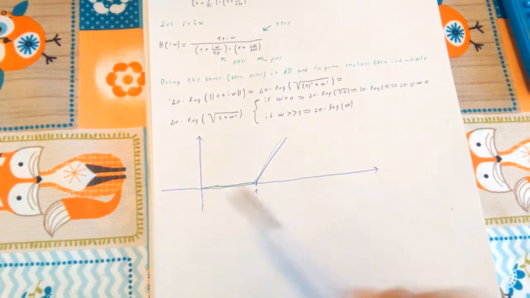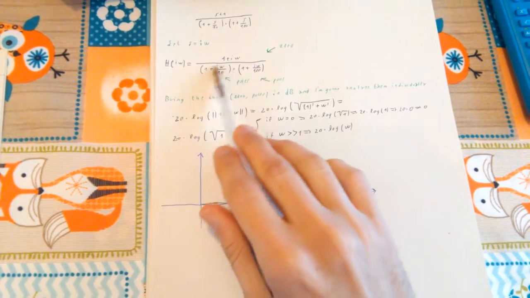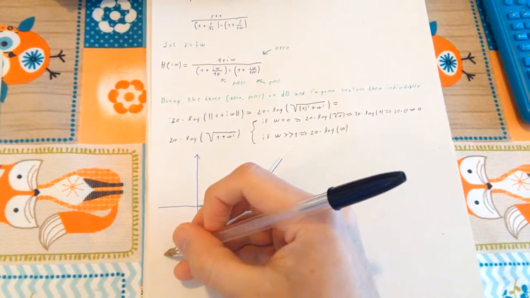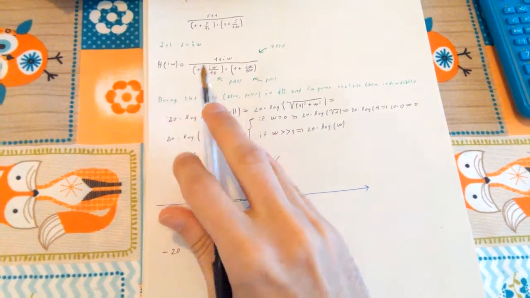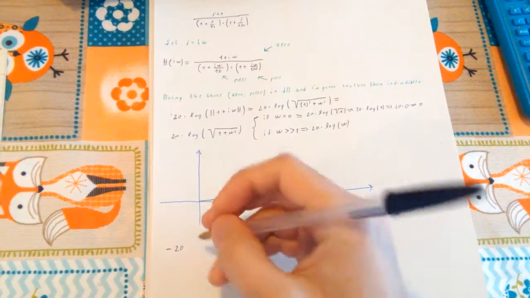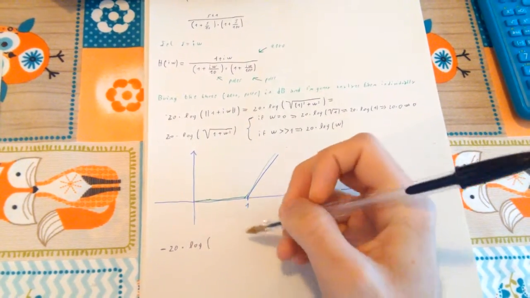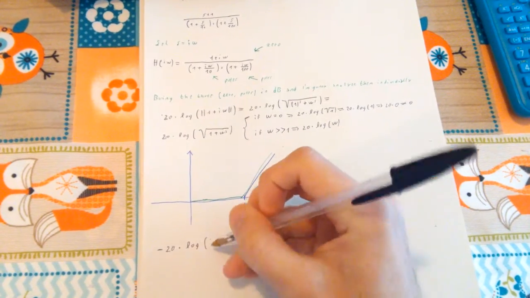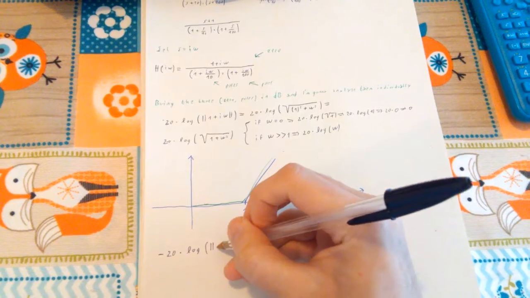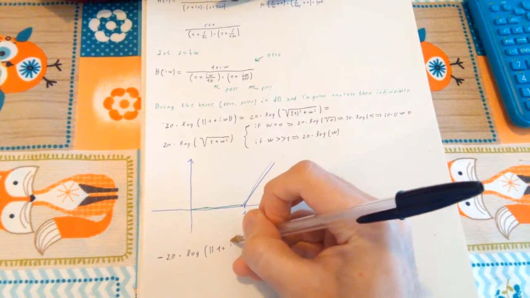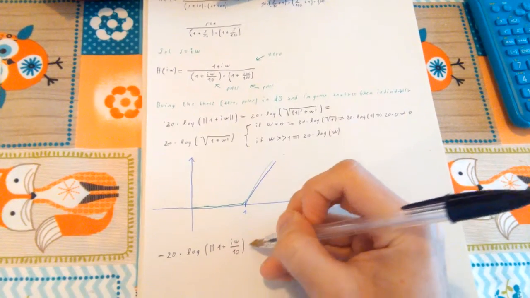So let's deal with the first pole, this one. If we bring that into decibel, we're going to have negative, because it's a pole, so poles have a negative sign in front of everything, times log of the norm, the Euclidean norm, type 2 norm, of 1 plus i omega over 10.